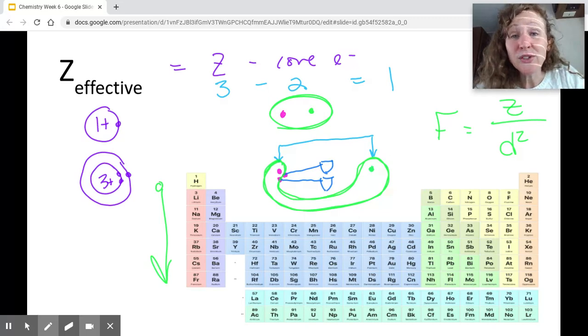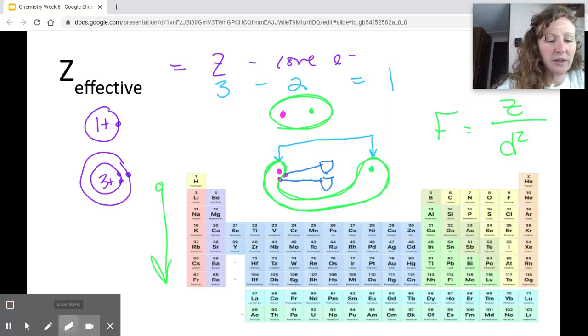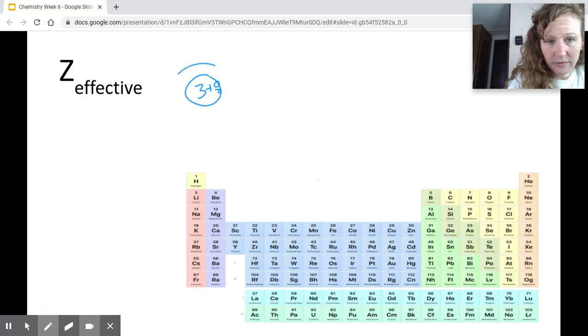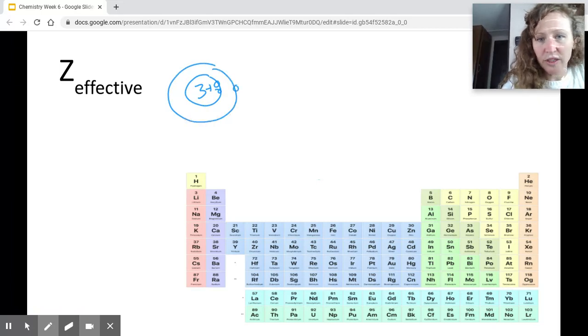Now, Z effective also has an effect when you're looking left to right. So we can do a couple of these too. Let's look at lithium. And then we'll look at beryllium.